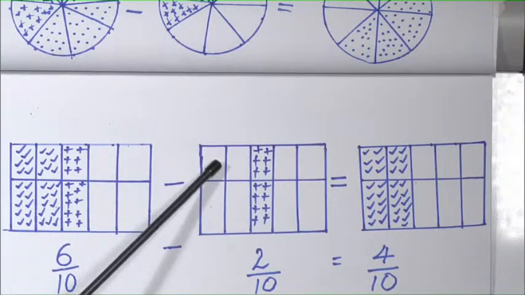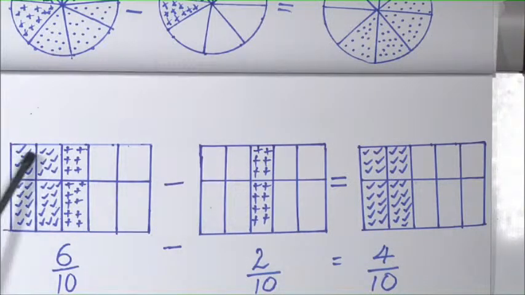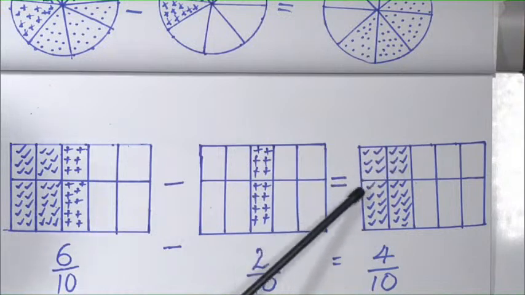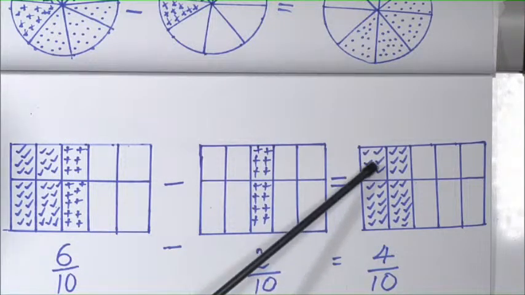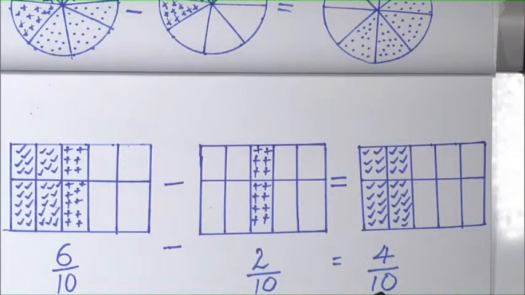That will give you, here it is. So 6/10 minus 2/10 is equal to 4/10.